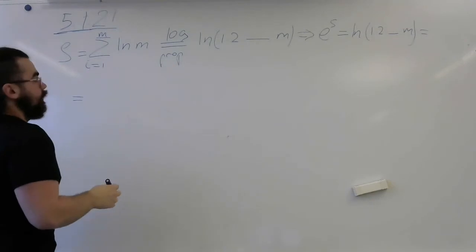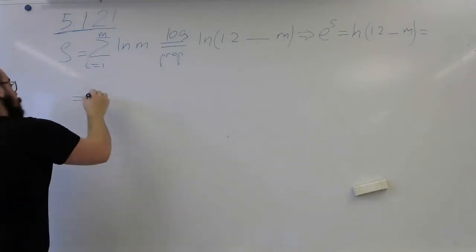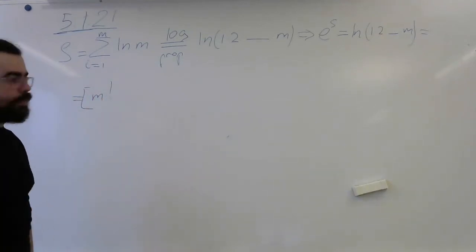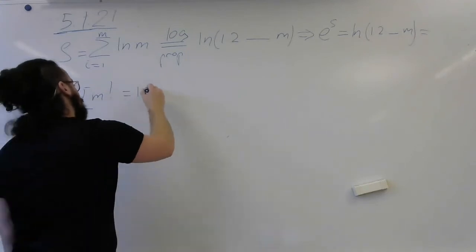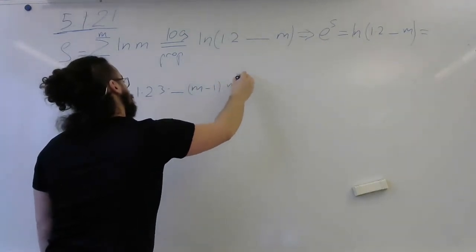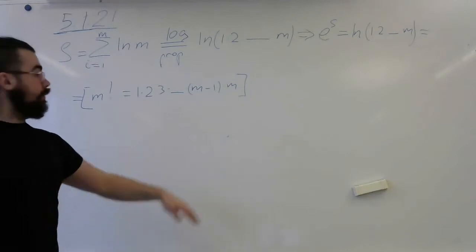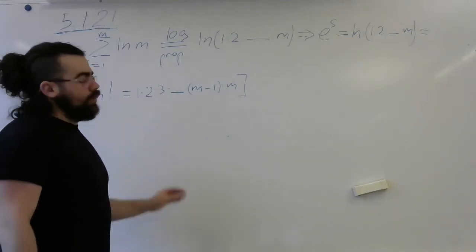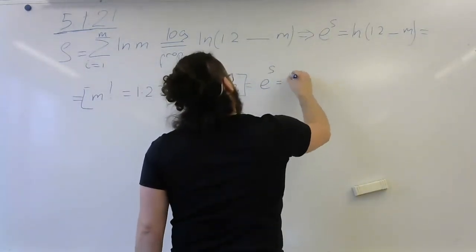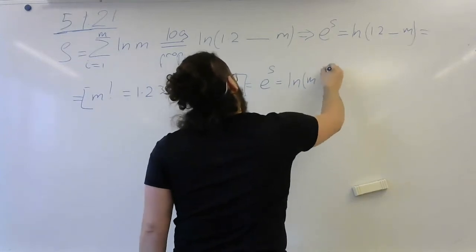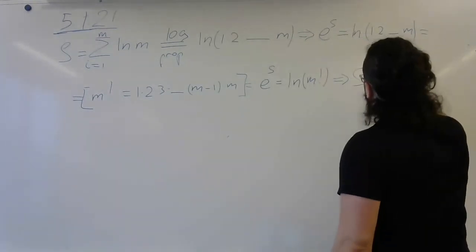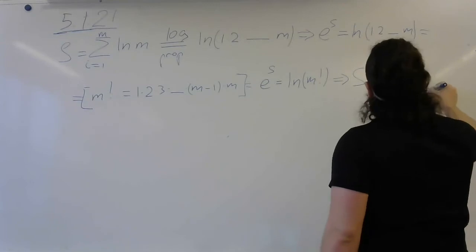Since m is greater than 0, which is implicit in this sum, I'm going to define the factorial of m as 1 times 2 times 3 times, the product of all numbers smaller than m up to m. So by considering this, we have e to the power s is the logarithm of m factorial, and there we go.